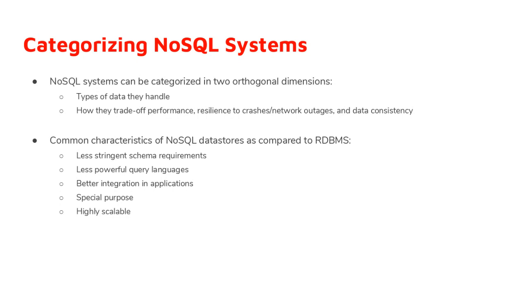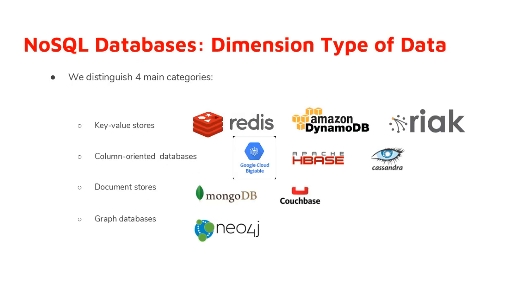Each application has maybe a special purpose NoSQL database that's suited for that. And last point, but extremely important for web scale, is that those systems are highly scalable. They run not on a single computer, but on a cluster of hundreds or thousands of computers.